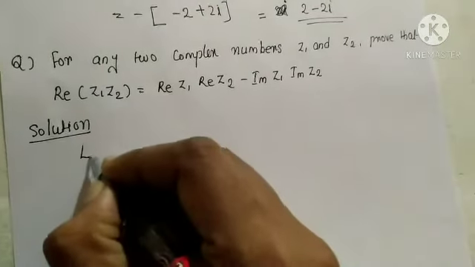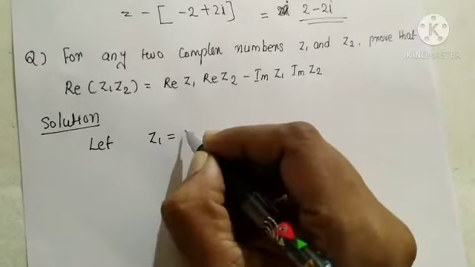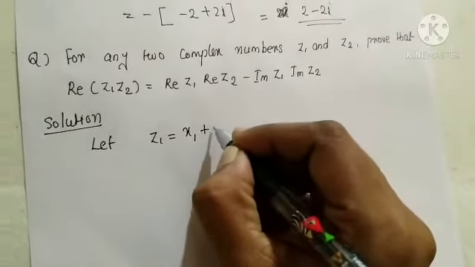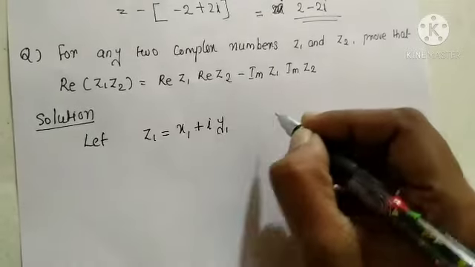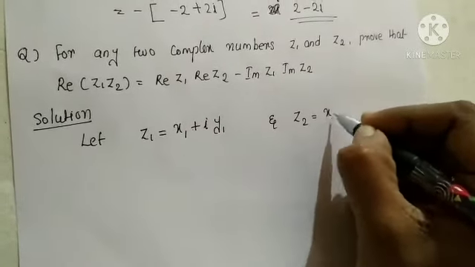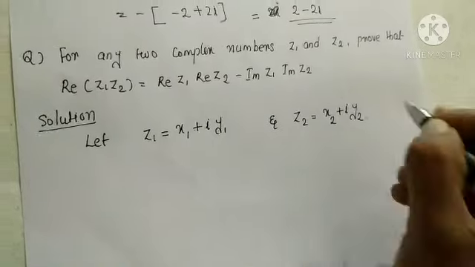So let z1 equal to x1 plus i y1 and z2 equal to x2 plus i y2.